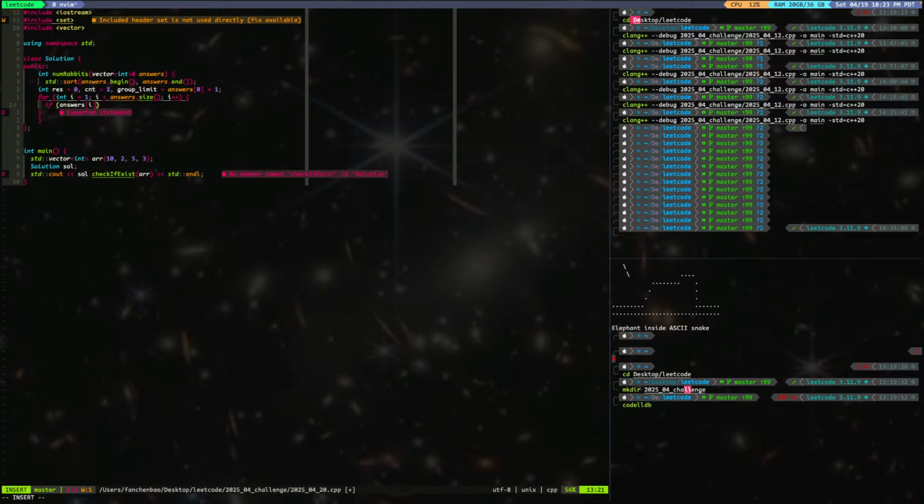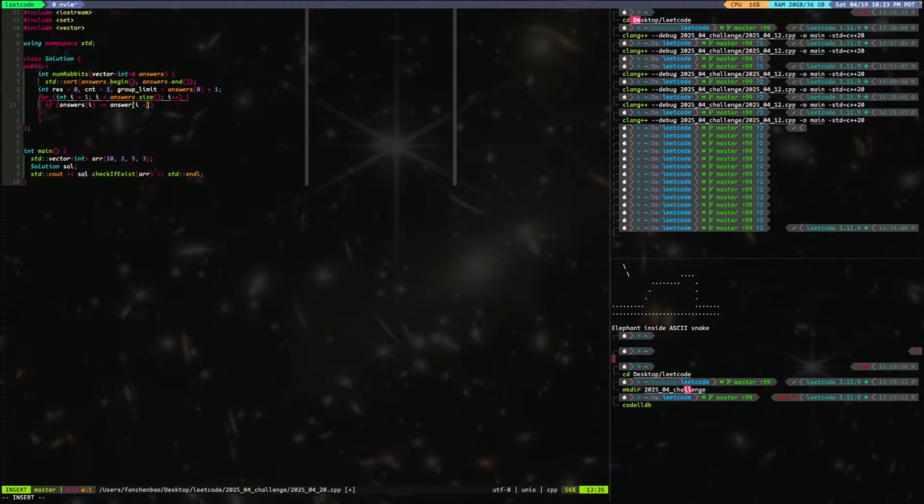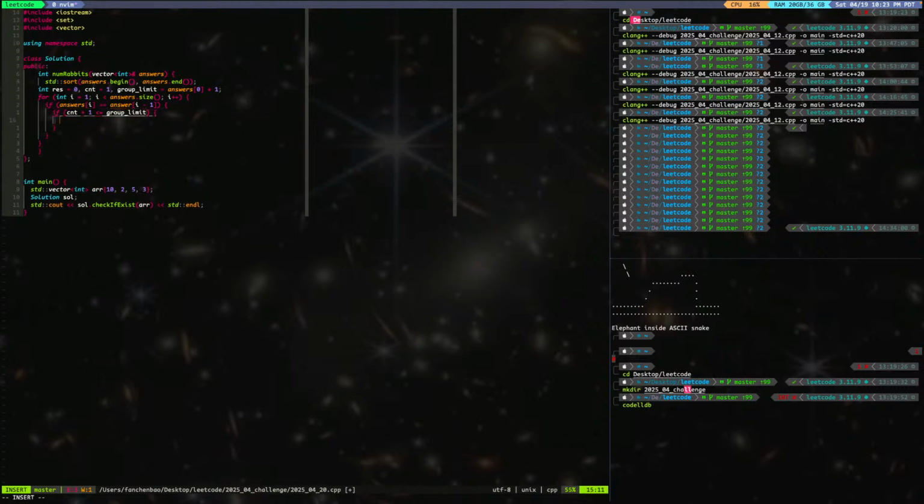So if this is equal to answer I plus I minus 1, right? It depends. If count plus 1 is smaller or equal to group limit, if that's the case, then count plus plus.